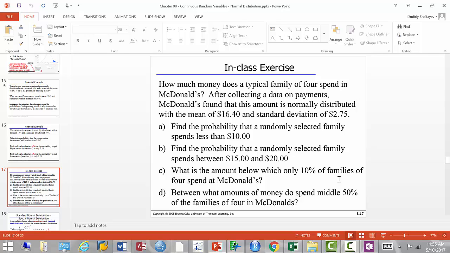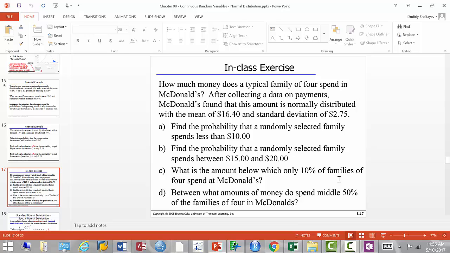Graphically, I can draw a normal distribution with the peak at the mean, which is 1640, and the standard deviation sigma is 2.75. My most economic families are located in the left tail, and 10% corresponds to the area in the left tail. So this shaded area right here is 0.1.